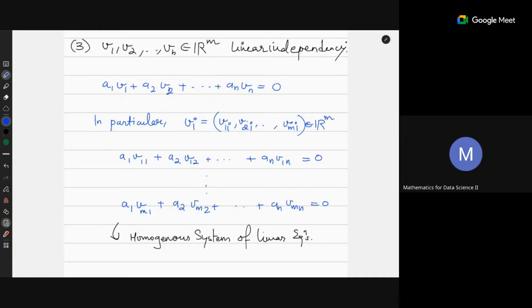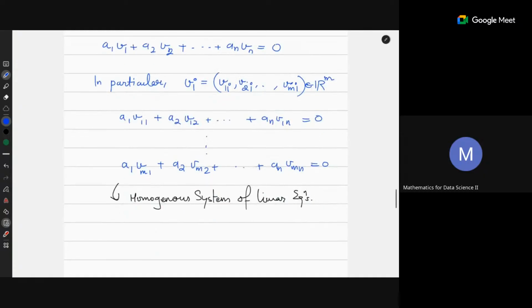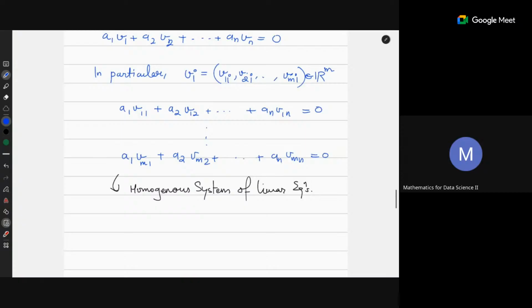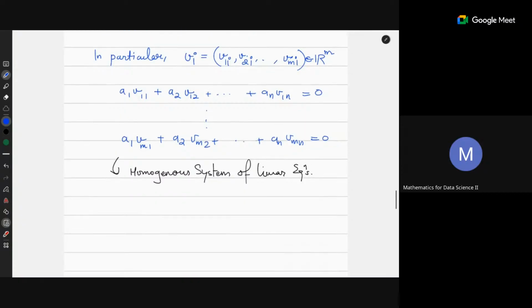Because we took vectors from Rm. We know how to solve this. We will write down the augmented matrix, perform the row operations, get the row echelon form, and then get the number of dependent and independent variables and so on.